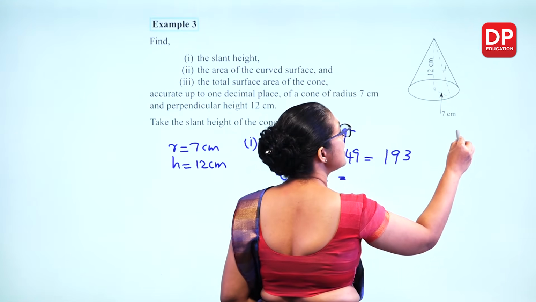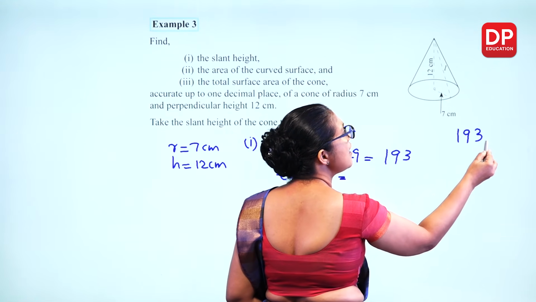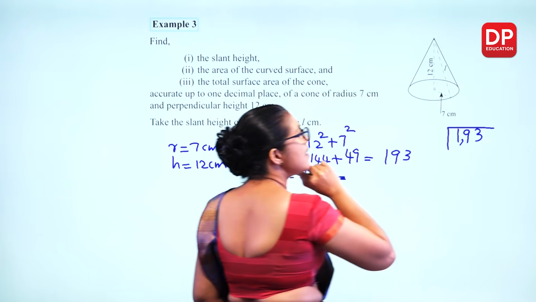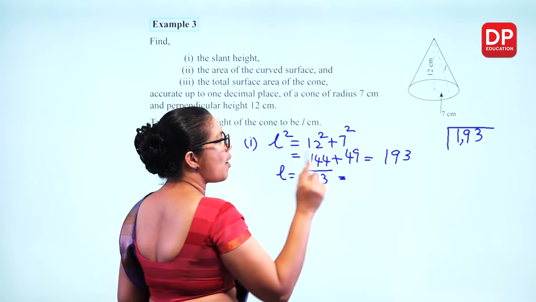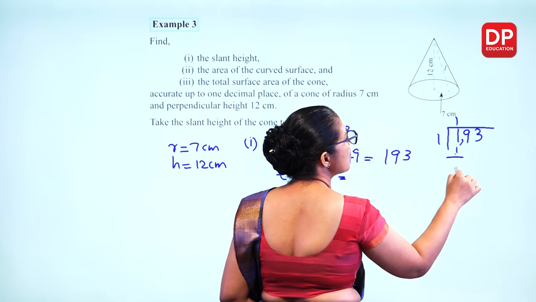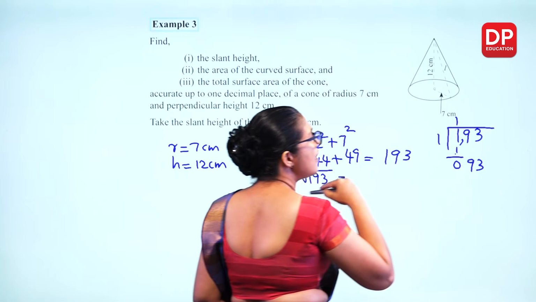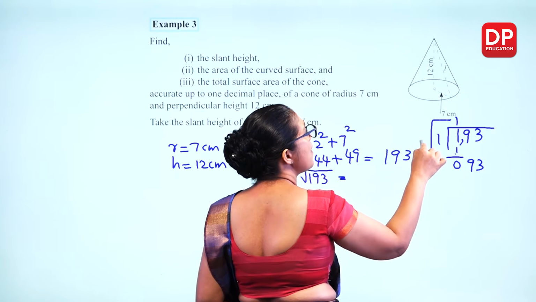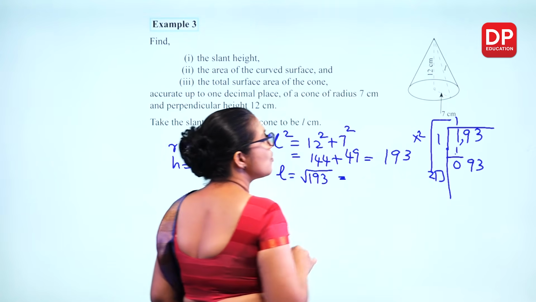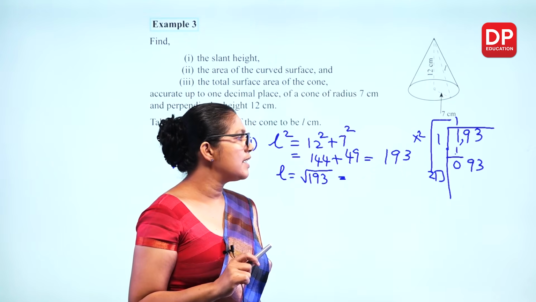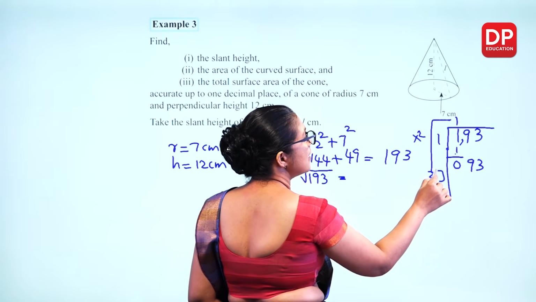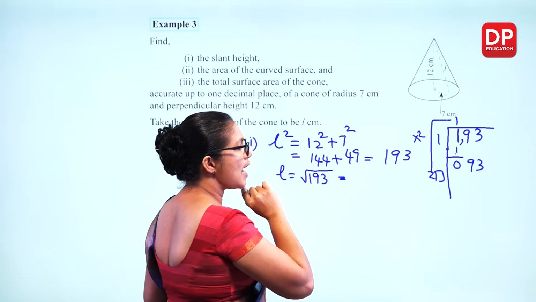We'll do it here. So take 193. From the right-hand side, you pair up the numbers and see whether you can divide. So 1 and 1, you get 0. Then when you take the next pair, 93. So 1 multiplied by 2, you get 20 something. To get 93, which number do we have to put? If it's 4, 24 times 4.